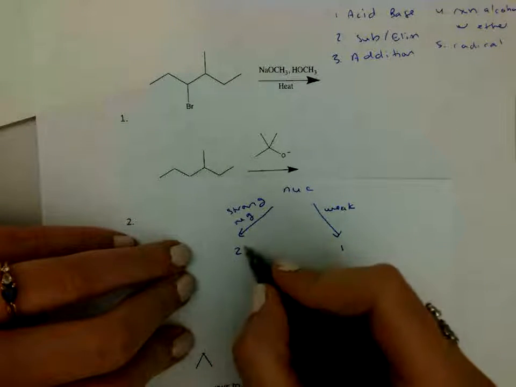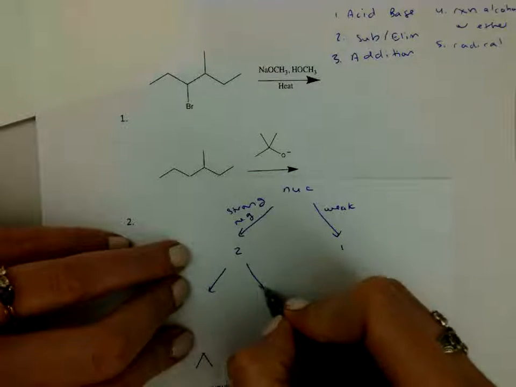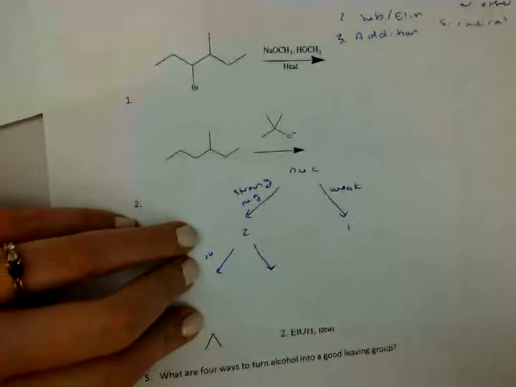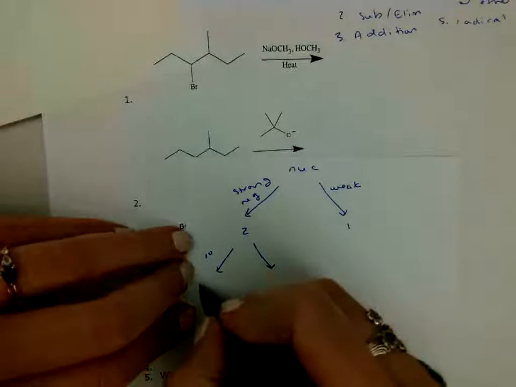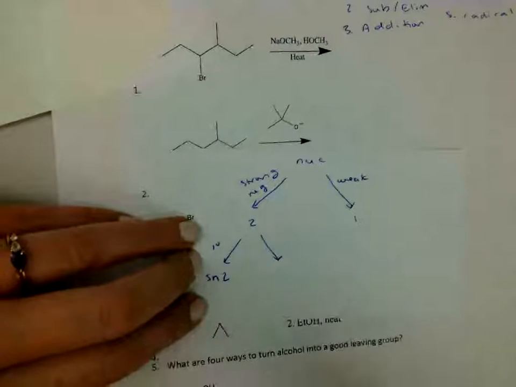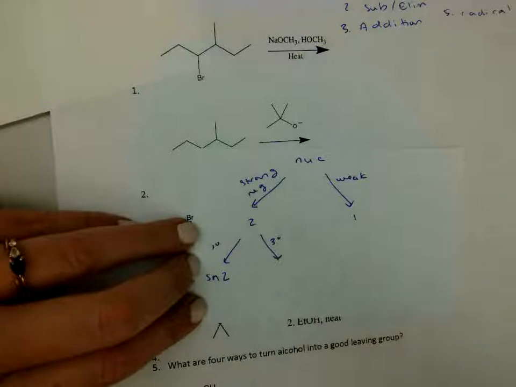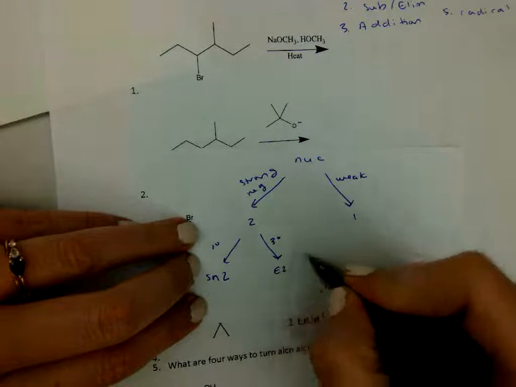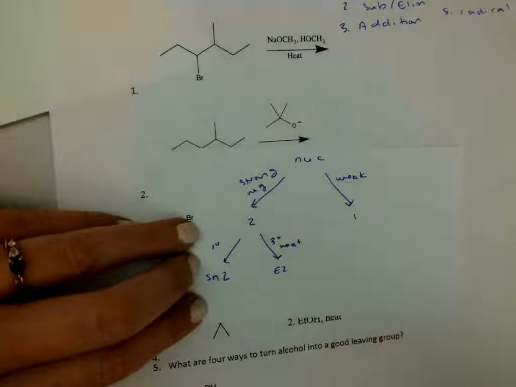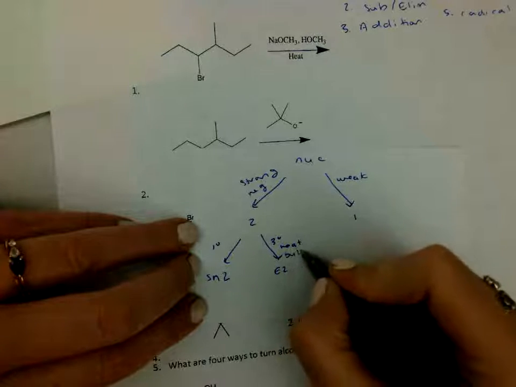If it is strong and it favors 2, then we know that a primary leaving group or substrate is going to favor SN2 because that's a substitution reaction. And a tertiary leaving group is going to favor E2. Also, heat favors E2 and a bulky nucleophile.